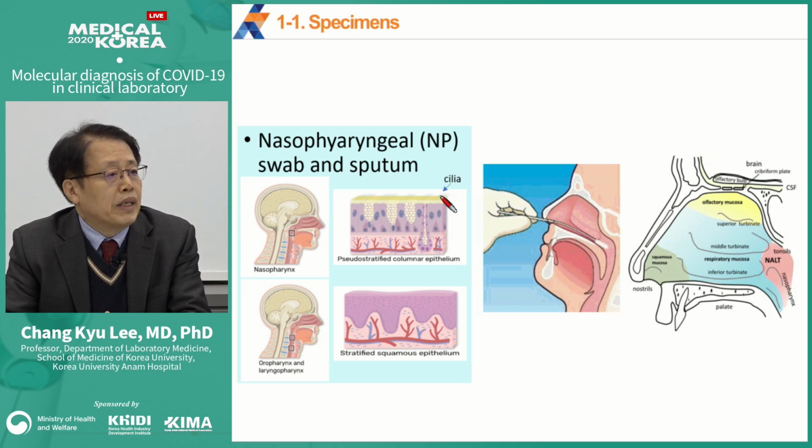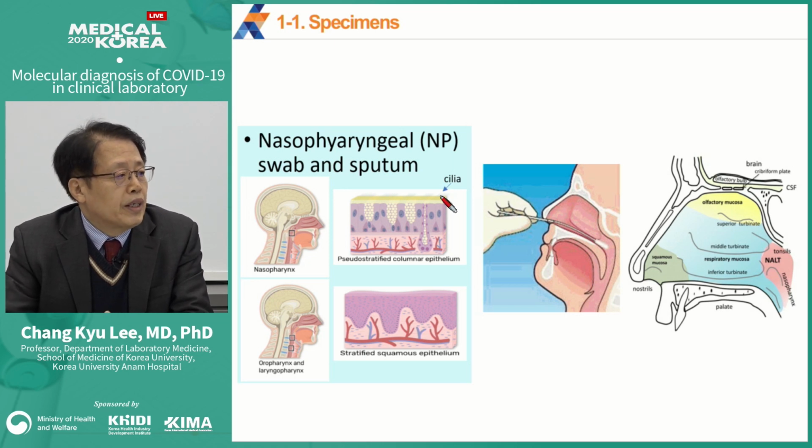First, for specimen, nasopharyngeal swab and sputum are most commonly used. This is nasopharynx. It has ciliated pseudostratified columnar epithelium, just like lower respiratory tract.